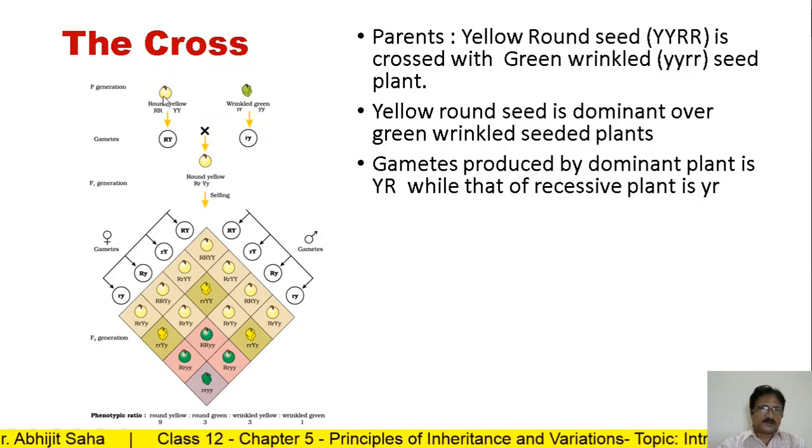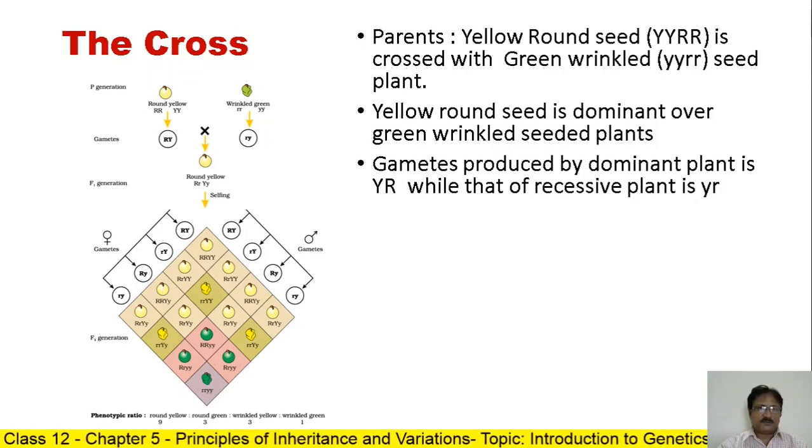So two characters are taken here. One is the shape of the seed, round, and the second is the color of the seeds. The study of inheritance of two characters at a time is called a dihybrid cross. The two alternate traits are: shape is round or wrinkled, color is yellow or green.